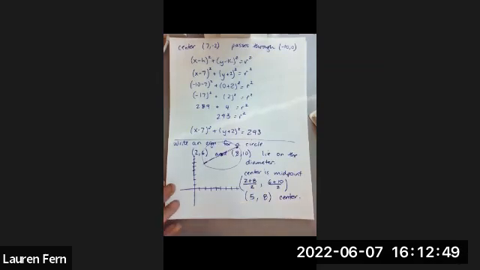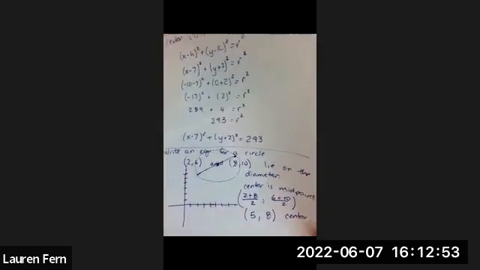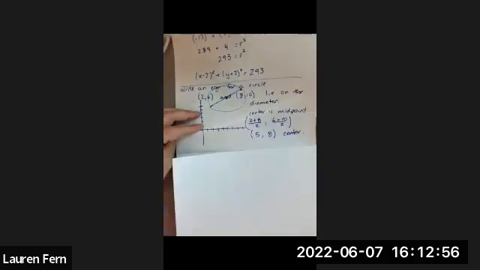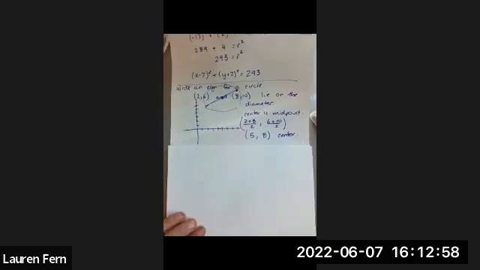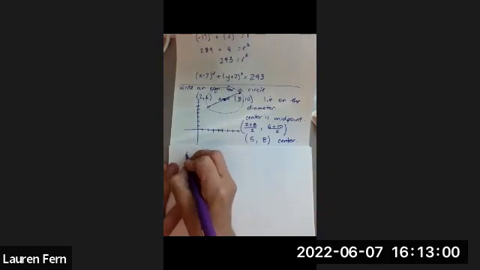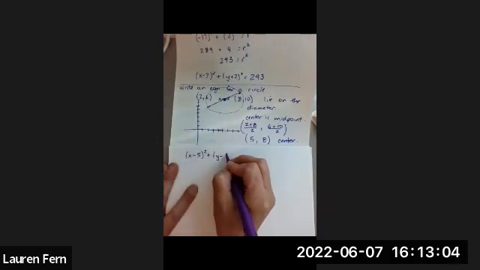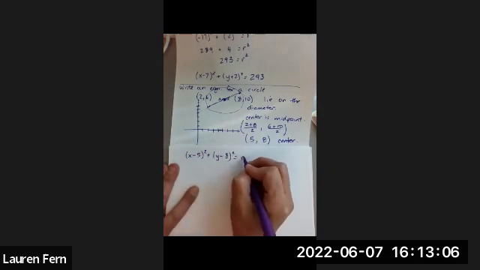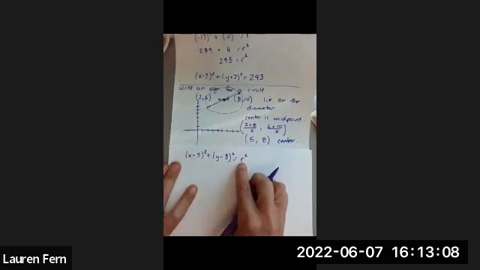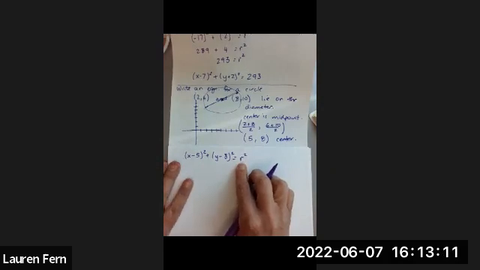All right. So now what I need to determine is what is my radius. So thus far, what I have is x minus 5 squared plus y minus 8 squared, and I still have yet to find r squared. Now there's multiple ways that we can find r squared.